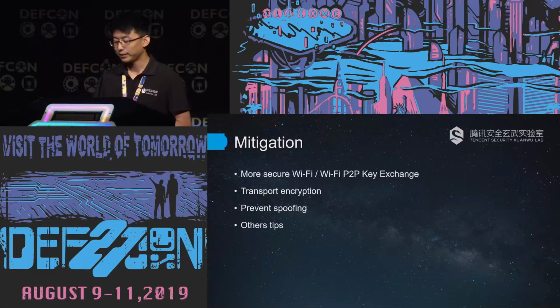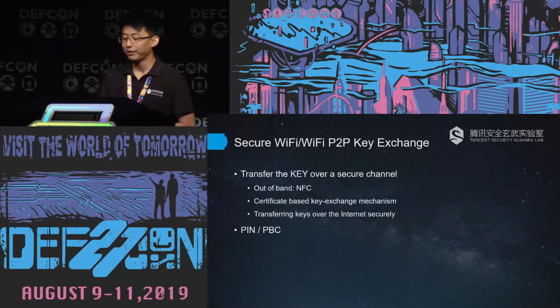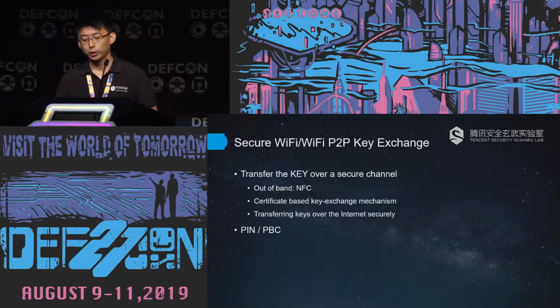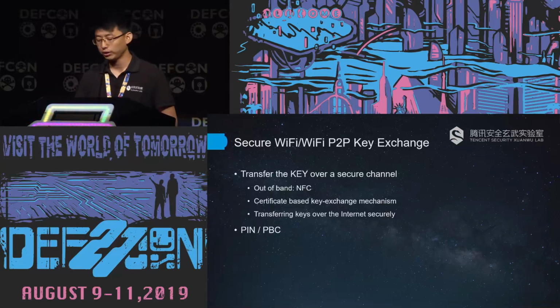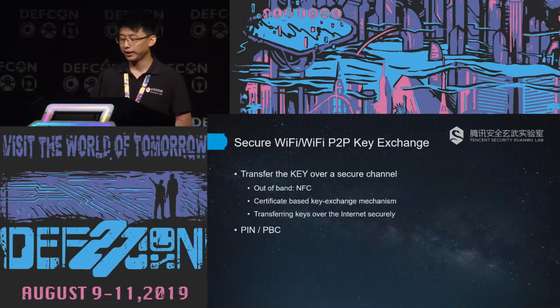And finally, there are other small tips. First, the app must have secure Wi-Fi and Wi-Fi P2P key exchange. So we recommend that the app transfer the key over secure channels such as NFC, a certificate-based key exchange mechanism, and the internet. On the other hand, the PIN code is a good choice too.